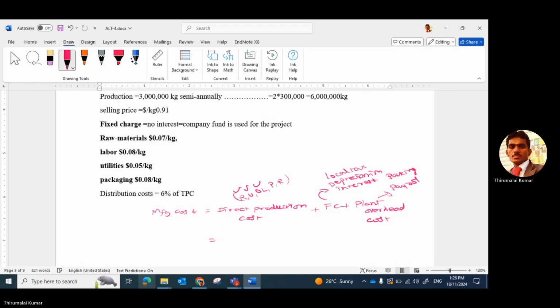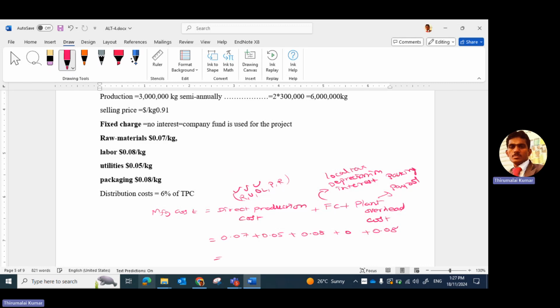So raw material cost is approximately 0.07, plus utility cost 0.05, then we have operating labor 0.08. Fixed cost becomes zero. So packing cost 0.08.